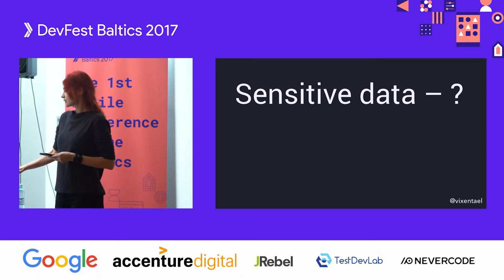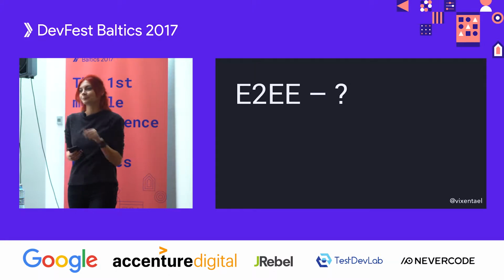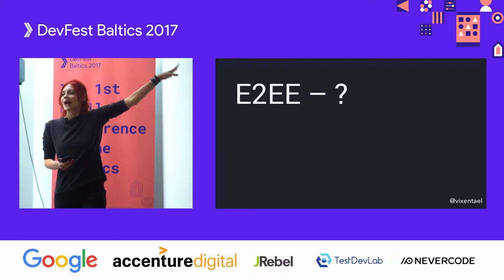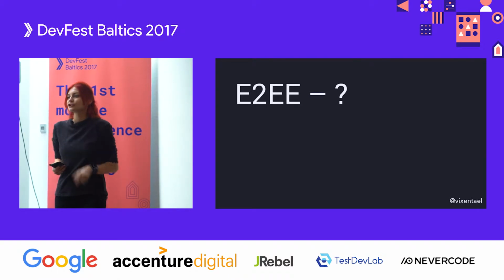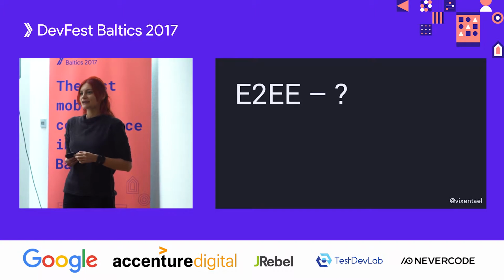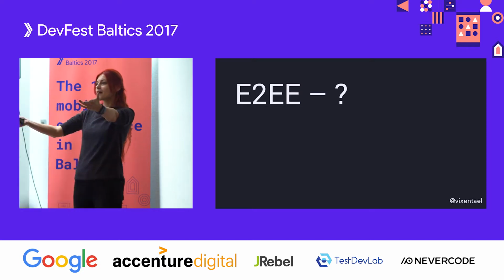The next question is, what is E2EE? Okay, what does it mean? Tip for you: end-to-end encryption. Do you know what end-to-end encryption is? Raise your hands who has heard this before. 1, 2, 3, 4, 5. Yes, you're smart.